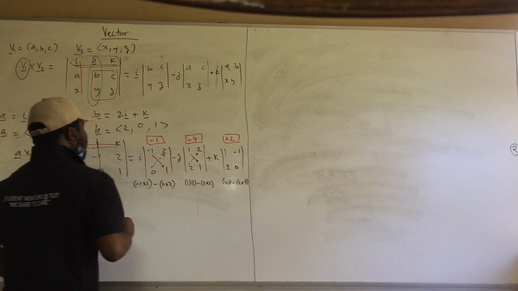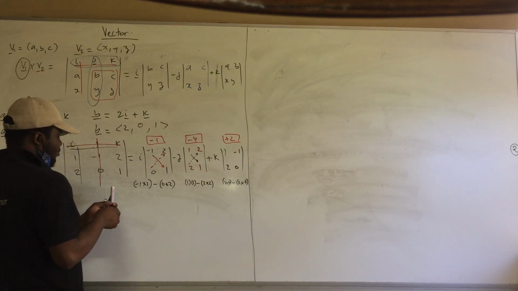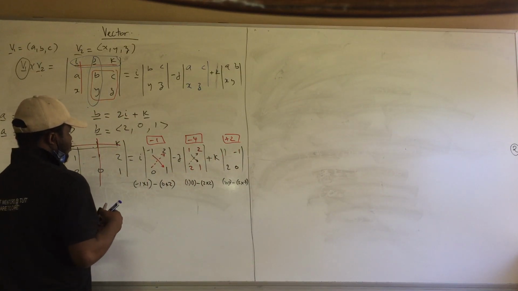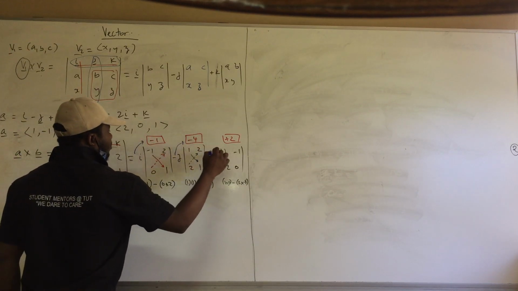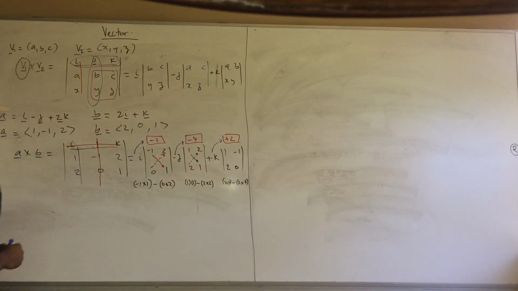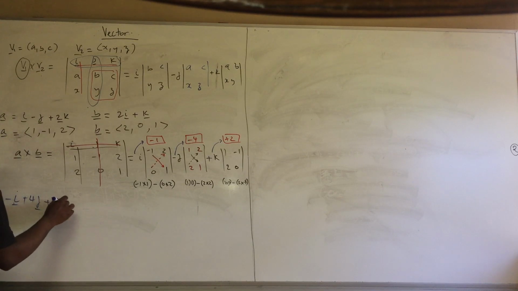So my answer is minus I, minus J times minus 4, which gives plus 4J, and K times plus 2, which gives plus 2K.